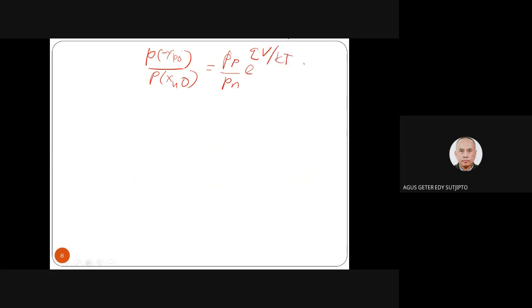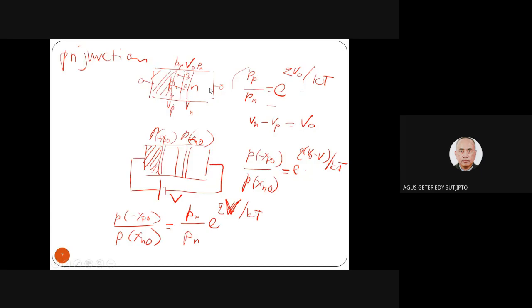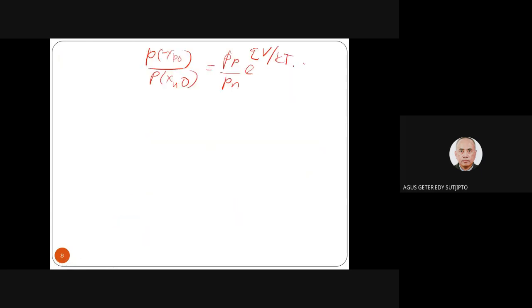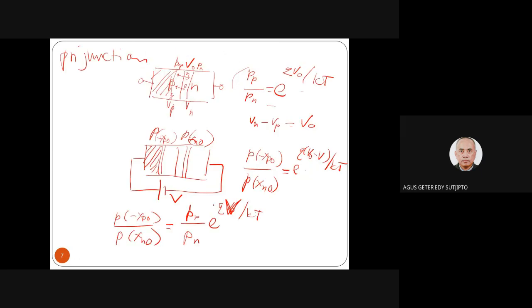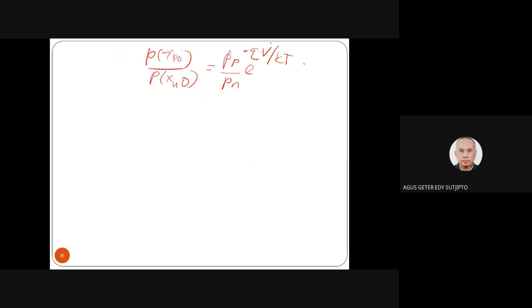So this is the equation, and then we can rearrange. Here V is negative, so we have a negative V, and then it becomes minus qV0.